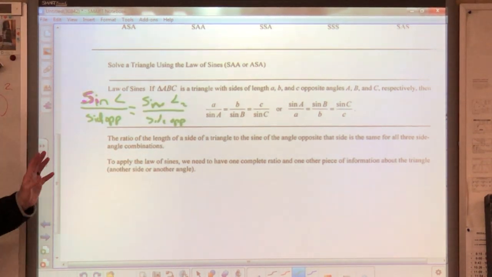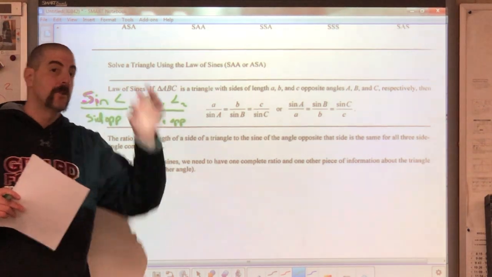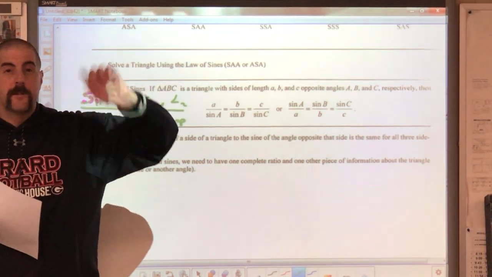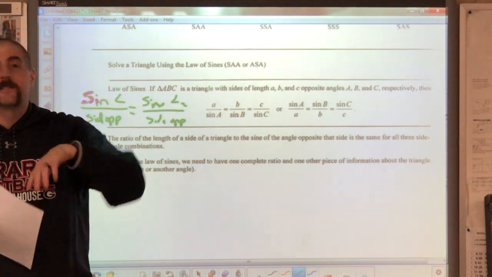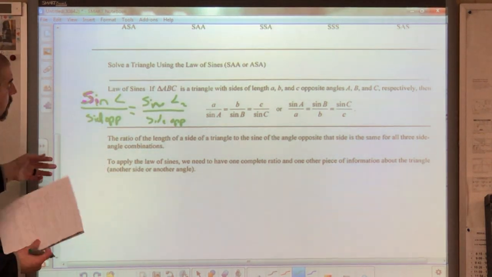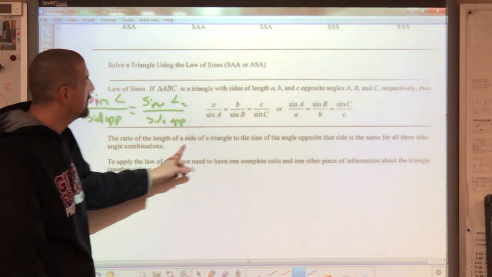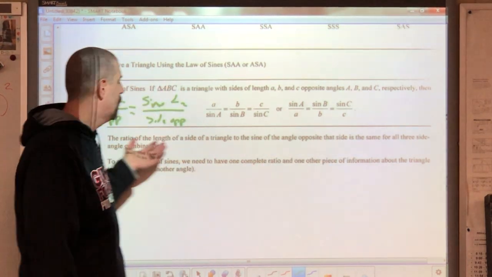And that's all you need. I don't memorize A's, B's, and C's. So you need sine of an angle over the side opposite that equals sine of an angle over the side opposite that. That's all. The ratio of the length of a side of a triangle and the side opposite is the same for all 3 sides.